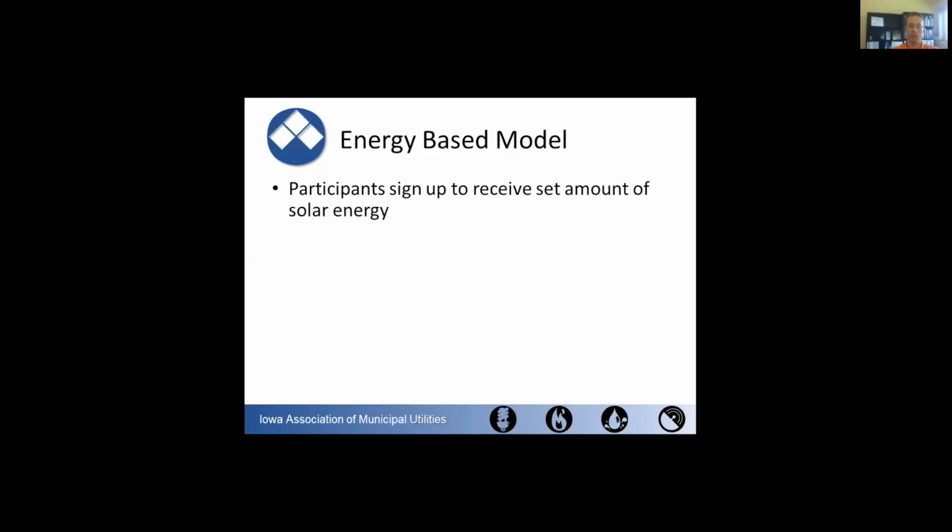They simply have to sign up to receive a set amount of solar energy every month from the solar array. And then they typically will pay a fixed amount for that solar energy for the life of the project. So in this model, people can enter and exit participation in the community solar project a little more readily.